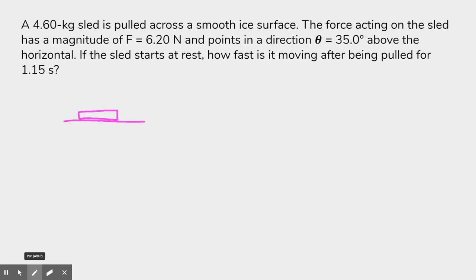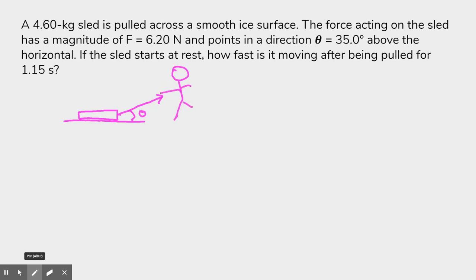And the force acting on that sled has a magnitude of 6.20 newtons and points 35 degrees above the horizontal. Okay, so that means it's being pulled about 35 degrees above the horizontal. So there's theta. So if it's being pulled, I've got some person pulling it.